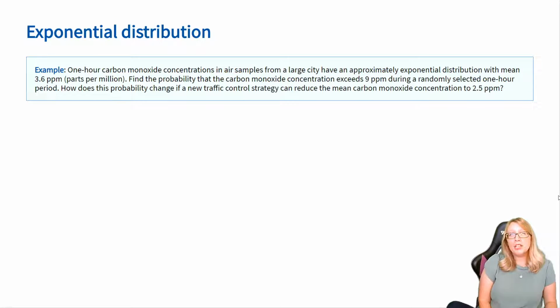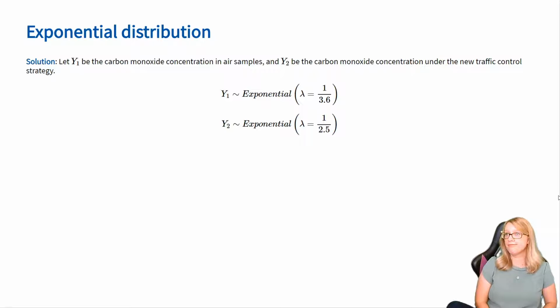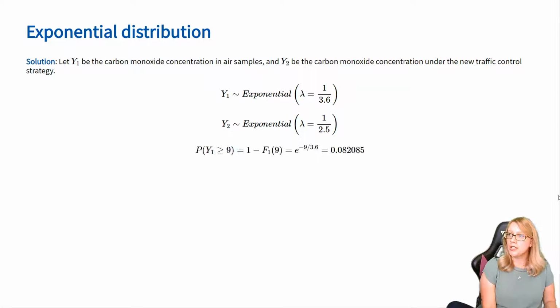Will this probability change if we can reduce the mean carbon monoxide concentration? I'll let Y1 be the carbon monoxide concentration in air samples. Y2 will be the same concentration under the new traffic control strategy. We know that the mean for Y1 is 3.6. The mean for Y2 is 2.5, both in parts per million.